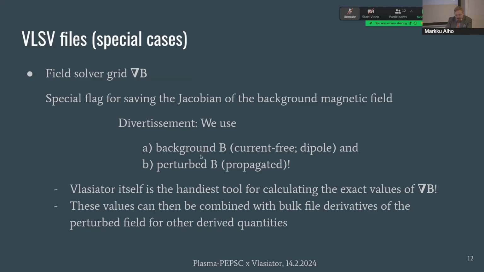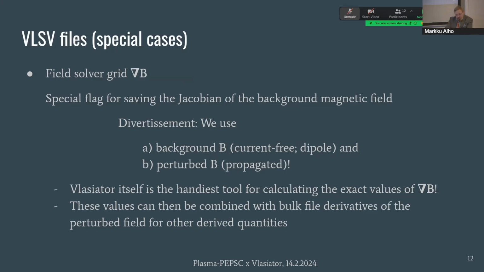So one is the background magnetic field, a current-free magnetic field, so that we can put the terrestrial dipole there, because the values of this dipole field can be quite large compared to the perturbation of this field.